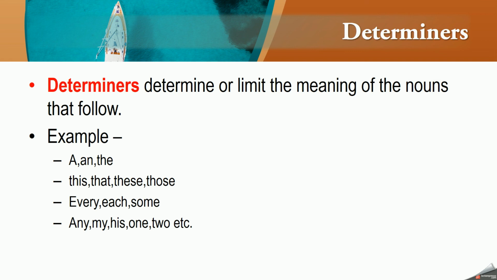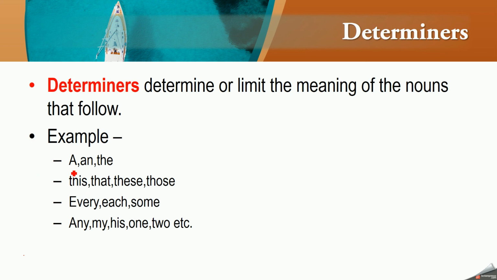Determiners. Although determiners are sometimes included in other parts of speech, for example this, that, these, it could be considered as adjective. Every, each, some, this can also be considered as adjective, but in modern English a separate part has been created to represent these words.